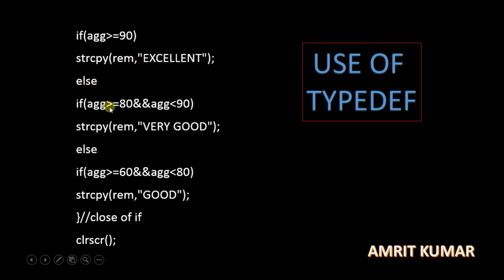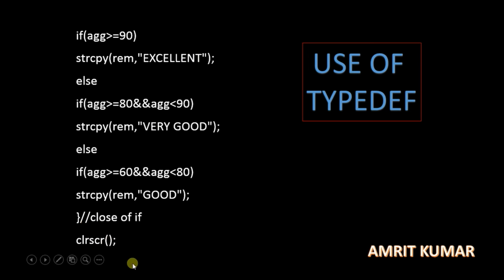Then else if aggregate is greater than or equal to 80, and as I told you about the logical AND, if both conditions are true, then this statement will execute and Very Good is copied into rem. Otherwise, if this statement is true, then that is copied into the remarks.